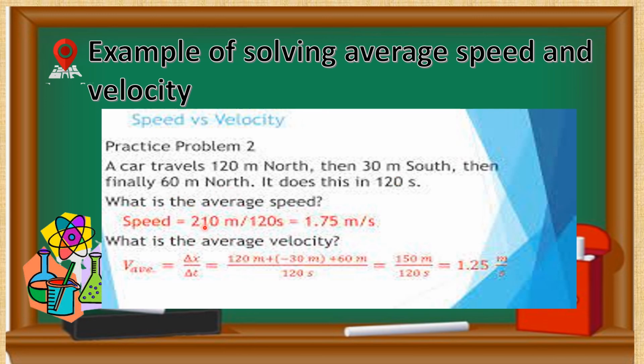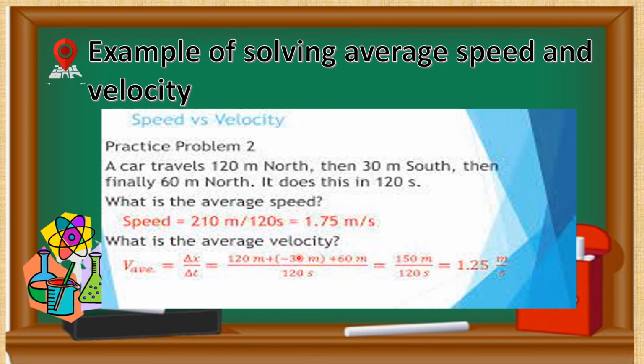That is 210 meters divided by 120 seconds. So 210, which is the total distance that the car travels, divided by 120 seconds equals 1.75 meters per second, because the unit for speed is meters per second.